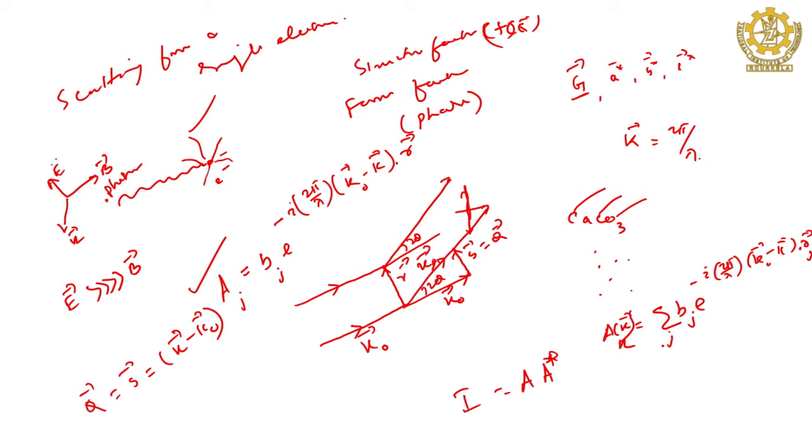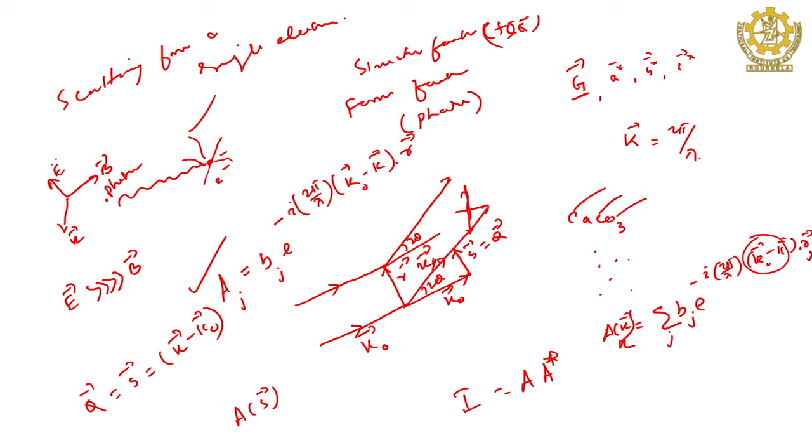Sum over j means one electron is selected at the origin, and the other positions are defined by the vector r j. Then, in terms of the scattering vector S or Q, what will your amplitude be? This quantity k0 vector minus k vector is minus S vector. If you take the minus symbol, then this will be plus S vector.